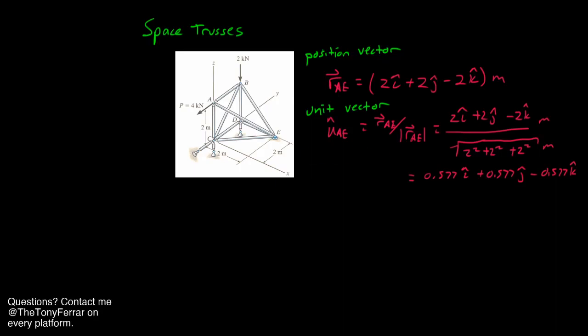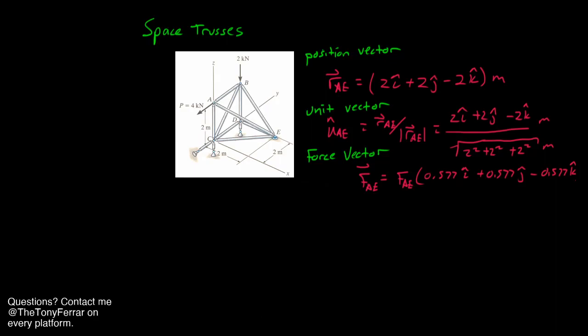From there, we'll write this as a force vector. Just to save a little space, I'm just going to do it right here. We can write that, take all of the unit vector there and multiply it by the unknown FAE, and that is now the force vector FAE, written like so.